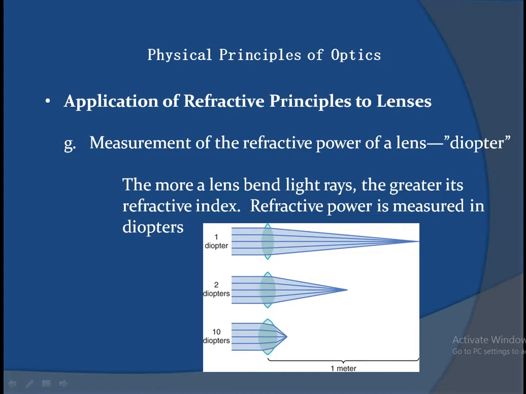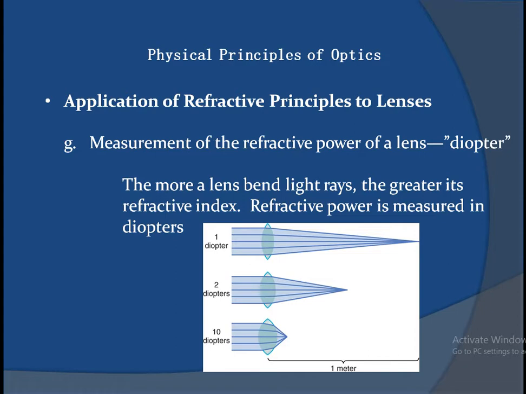This is the figure in which you can see how the power of the lens, which is measured in diopters, changes with the convexity of the lens.